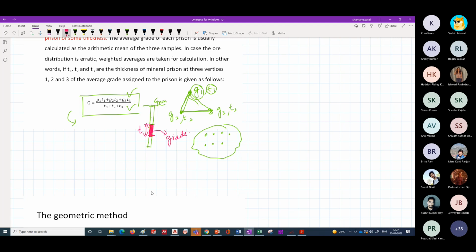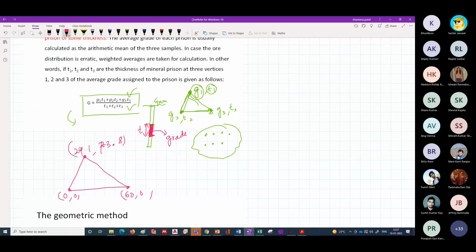Okay. So let's say we have one triangle here, and the coordinates of the vertices are 0, 0; 60, 0; and this is, let's say, 29.1, 73.8.